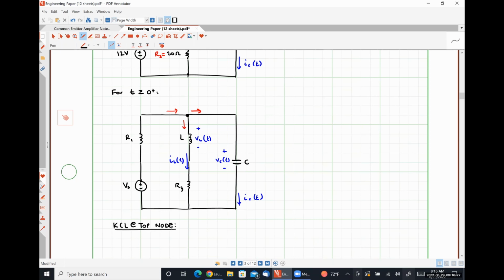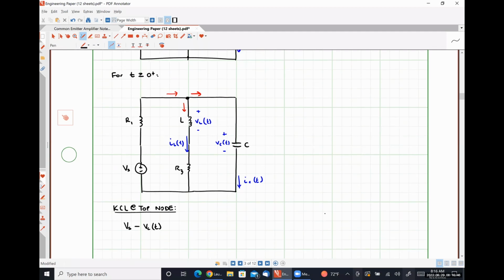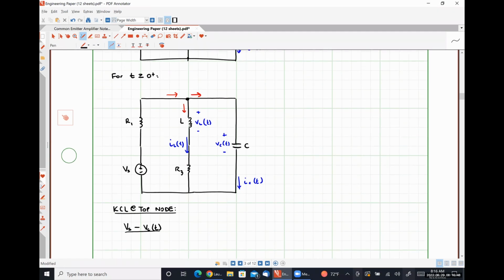My current flowing in is going to be the voltage drop over the resistor R1 divided by the resistance R1. And the voltage drop over resistor R1 could be expressed as Vs minus Vc of t divided by our resistor R1.